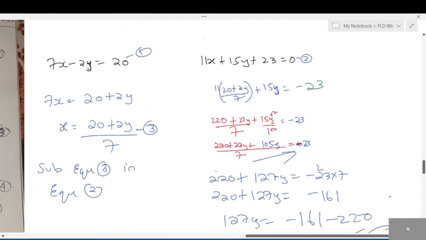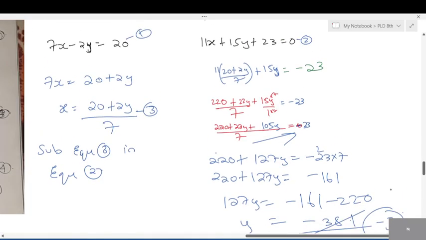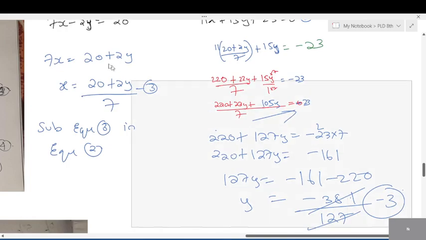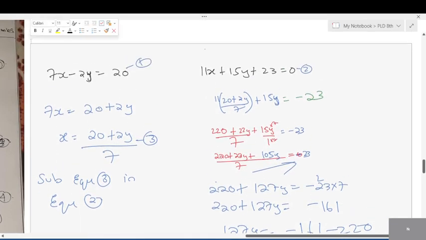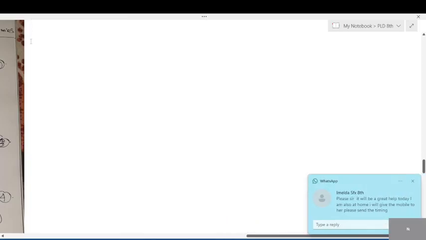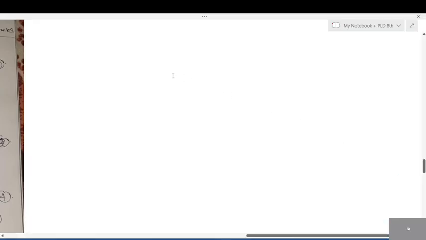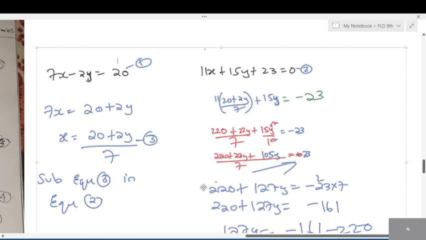Once you get the value of y, what are you supposed to do? You have to substitute it. Equation 1 or 2, anything is fine. Is this clear, all of you? Yes, you can substitute even in equation 3.